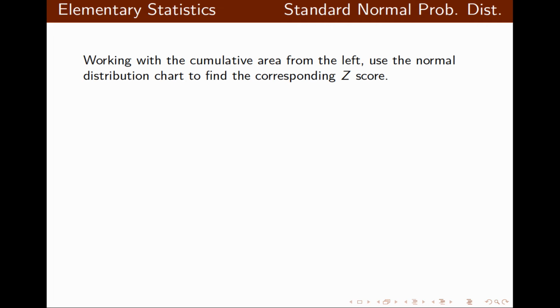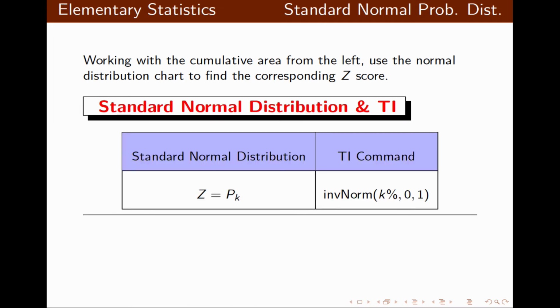Once we clearly find the left area, we're going to use the command on a TI, inverse norm. For that, you go to second vars to find inverse norm. With the inverse norm, you need the left area followed by the mean 0 and a standard deviation 1.